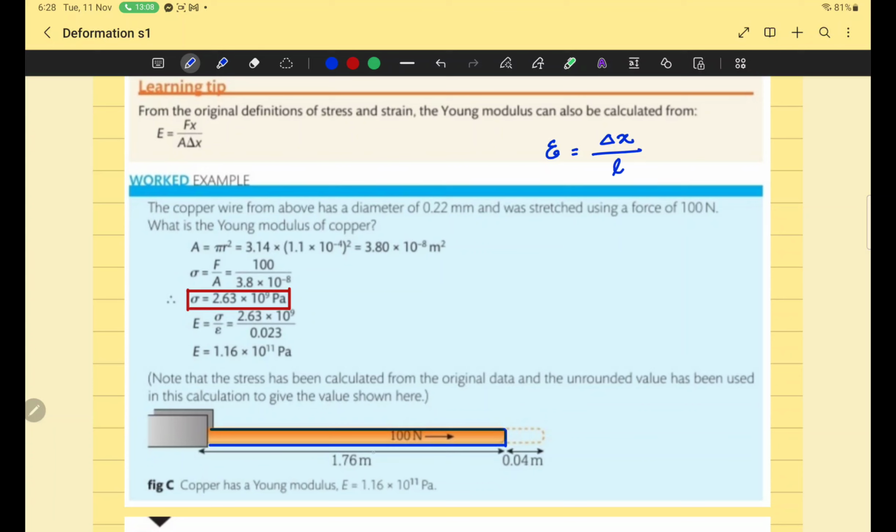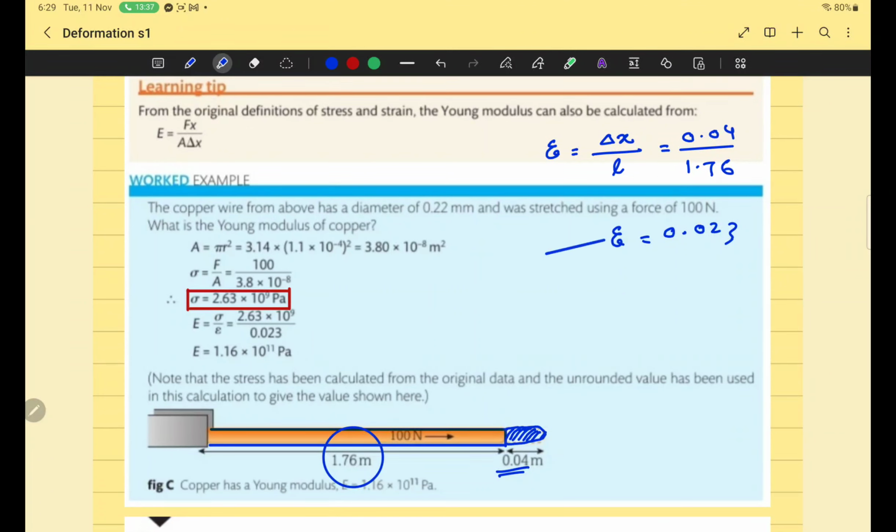If you look at the diagram, the original length is 1.76, and this is the extension due to the force, and extension is 0.04. If you divide these two numbers, then the strain is 0.023.